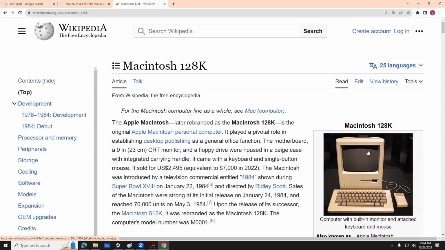You had icons. And did you know that the Apple Macintosh was announced in the Super Bowl? So Apple computers had a huge ad that they paid millions of dollars to broadcast in the Super Bowl, right?